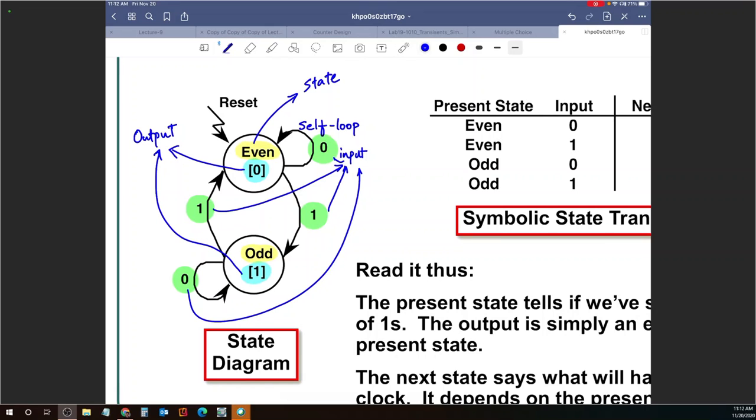I can also call this present state. PS, present state. So if currently you are in the even state, you could get a 0 or you could get a 1. If you are in the odd state, you could get a 0, self loop, or you could get a 1. You go back to the even state. If you are in the even state, your output is 0. And if you are in the odd state, your output is a 1.